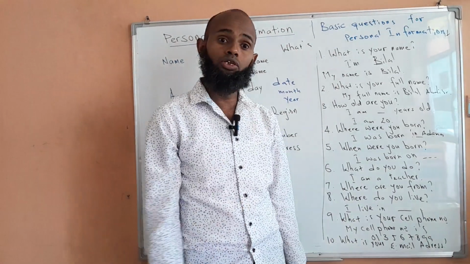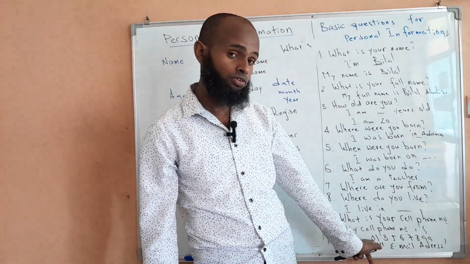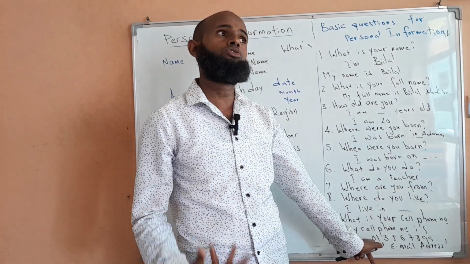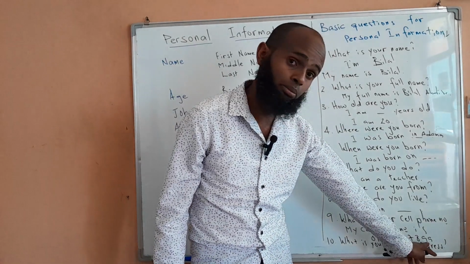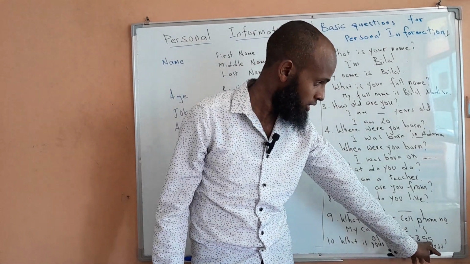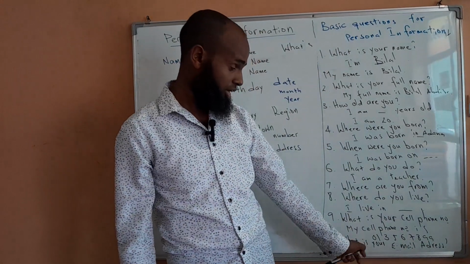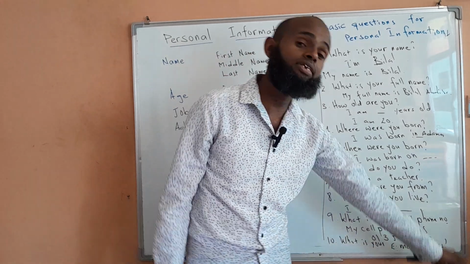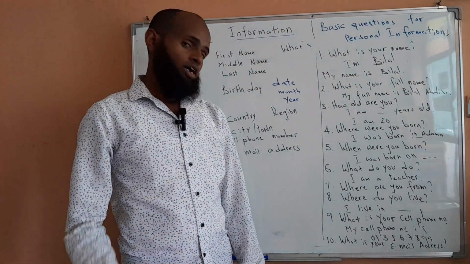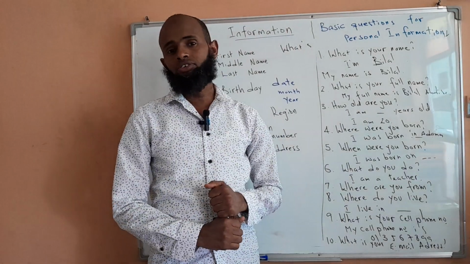Here, when you tell your cell phone number, instead of saying zero, we used to say O. When there are double numbers, we say 99. Let's say it again. 013567899.